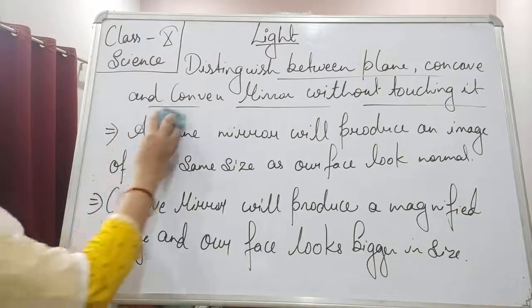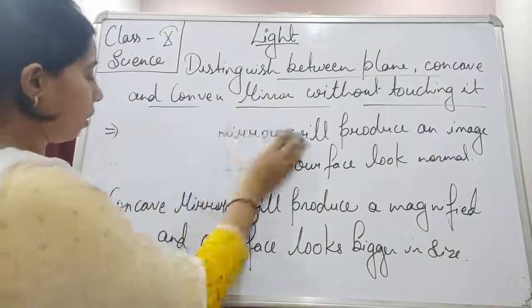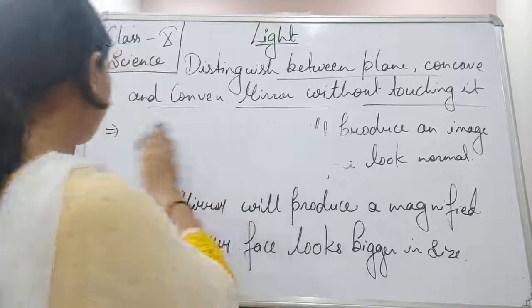And the third one is the convex mirror. What happens in case of a convex mirror?